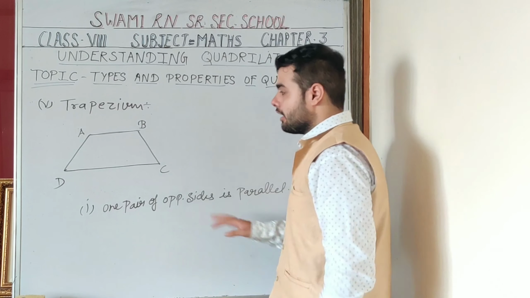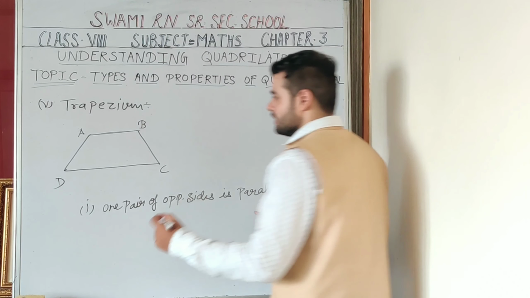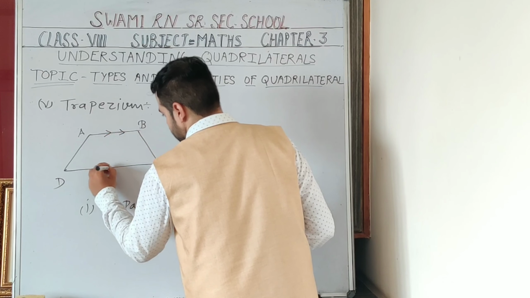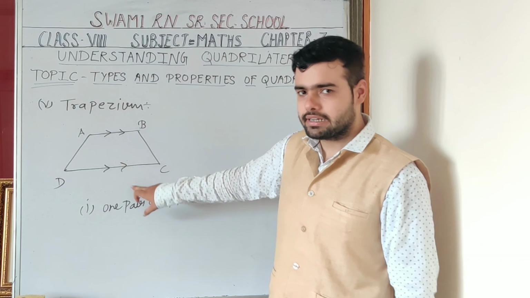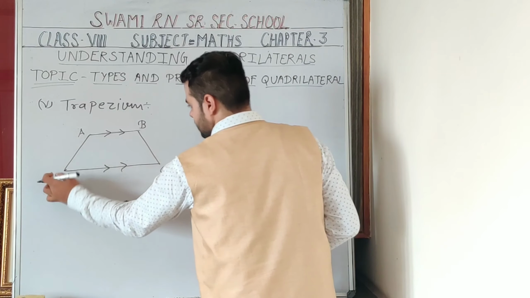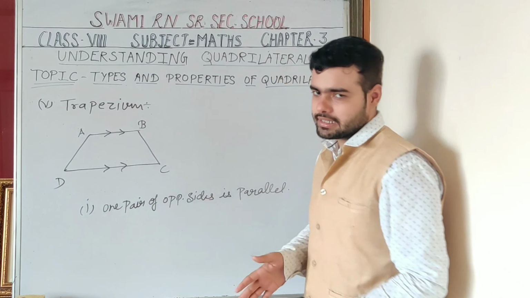Okay students, and what is the sign of parallel in the figure? We will draw it like that. That is the sign of parallel. And these two sides, AD and BC, are non-parallel sides.